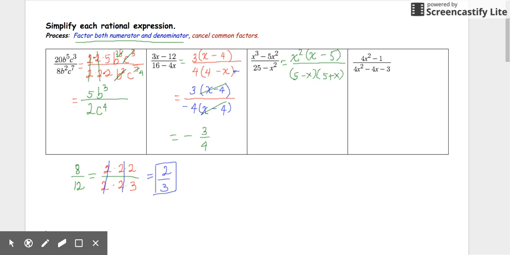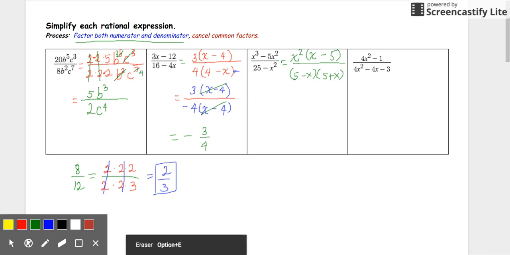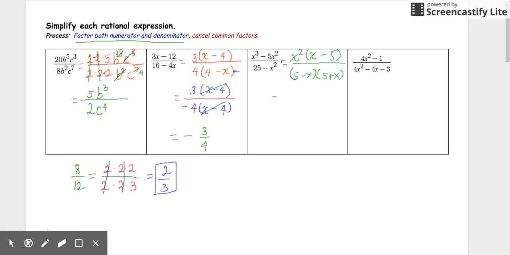Again, we notice that none of the factors are exactly alike. So we'll see if we can fix it. And we can fix the top so that the factors will look like the ones at the bottom. So instead of having a positive x squared on the outside of the parentheses, I'll put a negative x squared.